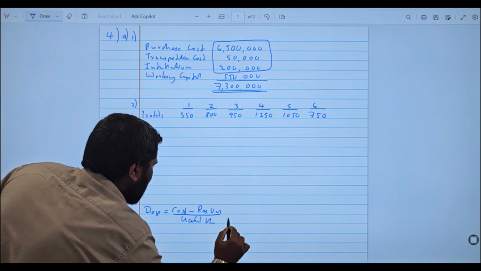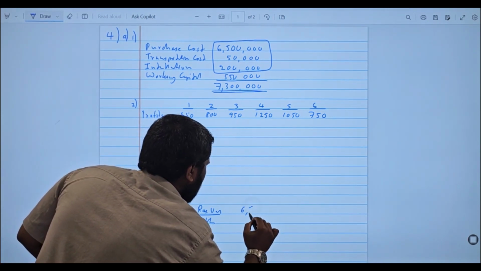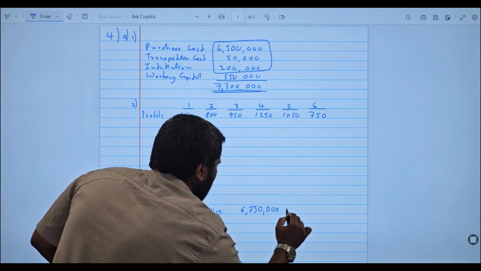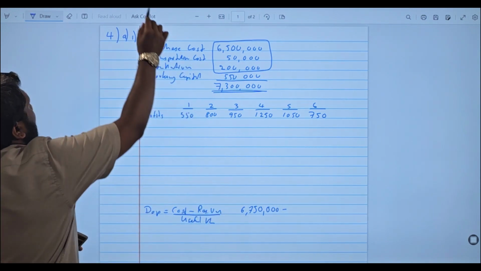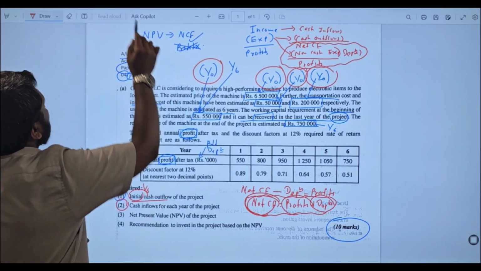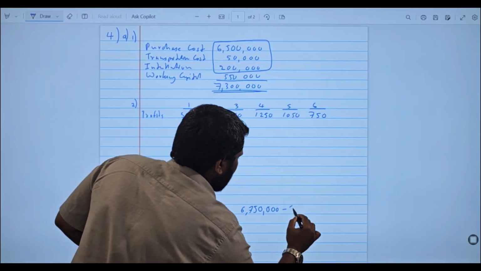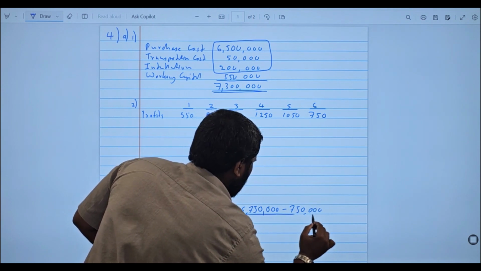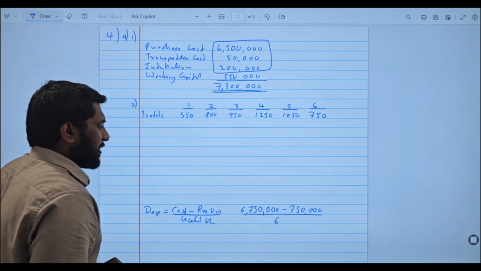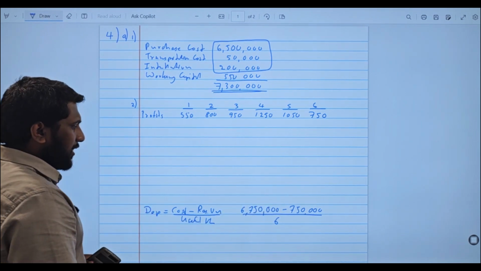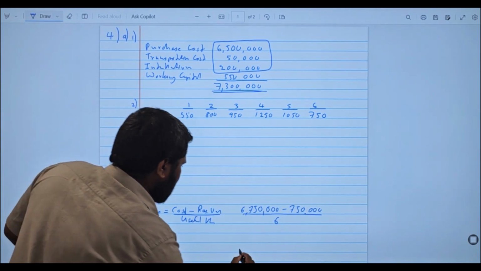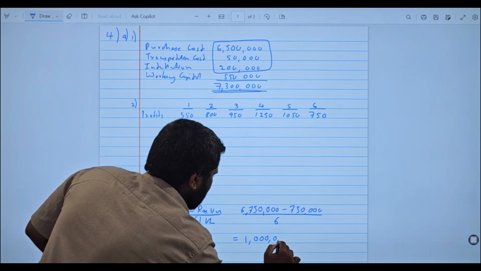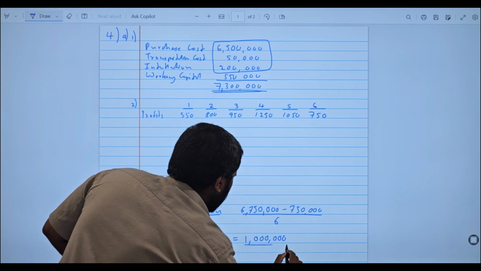So here it is 6,750,000 minus the scrap value of 750,000. The useful life of the asset is 6 years. Then here 6 million is your numerator, denominator is 6. Then depreciation per annum, how much is that? 1 million. Depreciation per annum is 1 million.